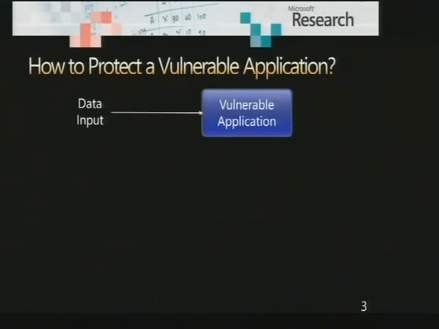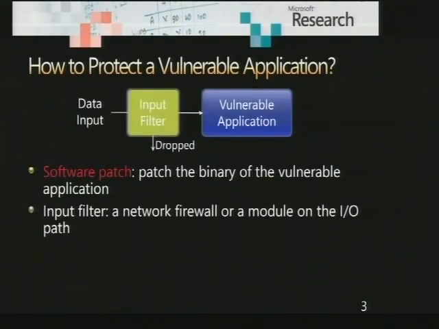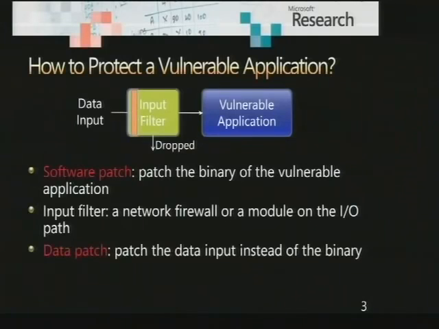So nowadays, how can we protect a vulnerable application? The common way is the software patch. So we patch the binary of the vulnerable applications. The other way is to use an input filter. You can think of an input filter as either a network firewall or a module that sits on the I/O path. And a data patch, as we call it, is basically where we patch the input instead of the binary.